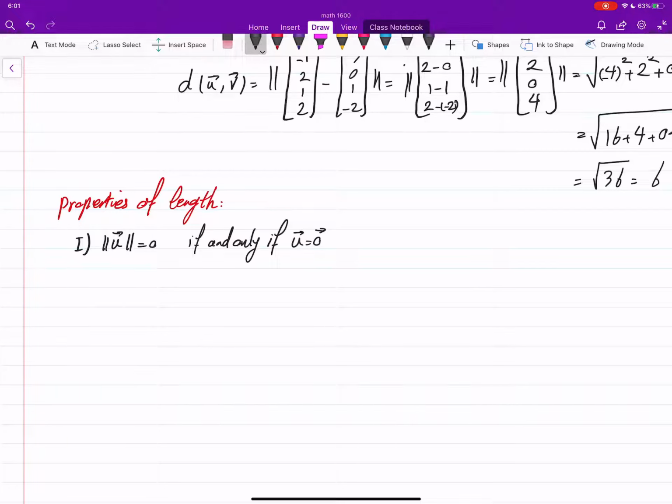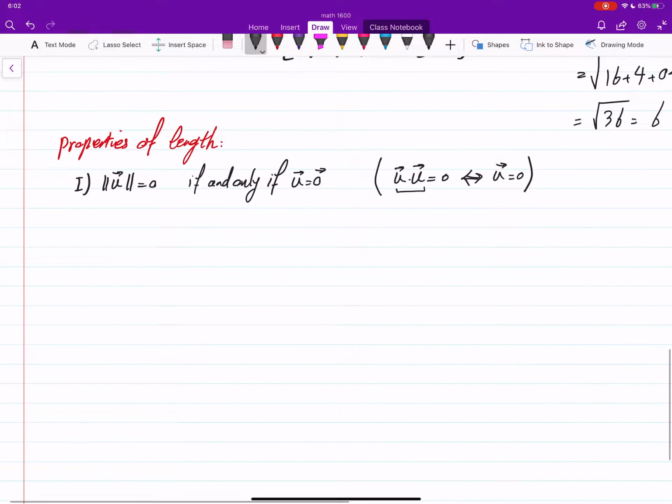Well, why is this true? This is the result of this fact. You remember that we showed that u dot u is 0 if and only if u is a 0 vector itself. And remember now that the length of u is the square root of u dot u. And that's how you prove that part. The second thing is how length and scalar multiplication work.